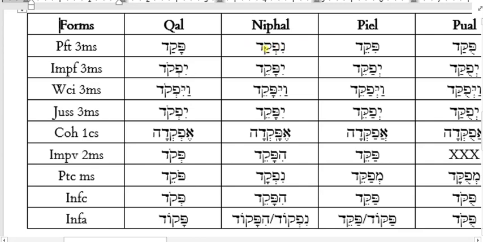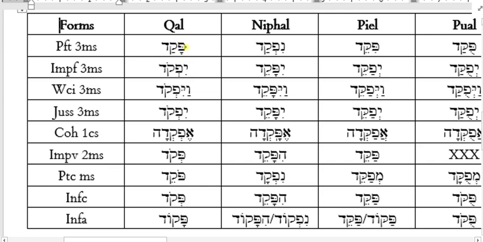And then once you know the principal part, once you know the Niphal perfect looks something like this for the 3MS, if you know all of your personal endings, then you're going to be able to identify the Niphal perfect 3FS. You'd be able to identify the Niphal perfect 2MS, because the perfect conjugation uses all the same personal endings that the Qal perfect uses.